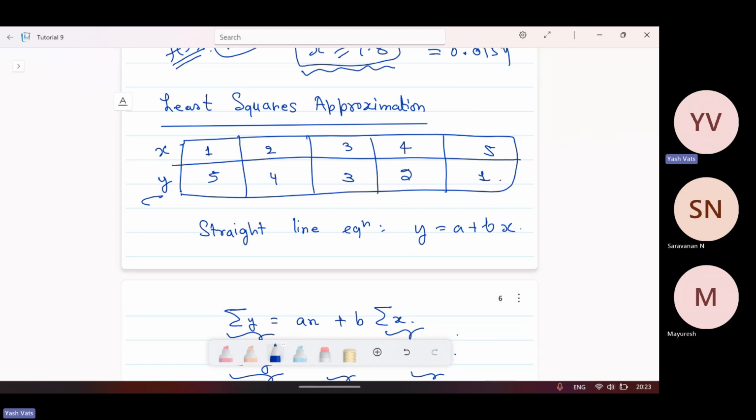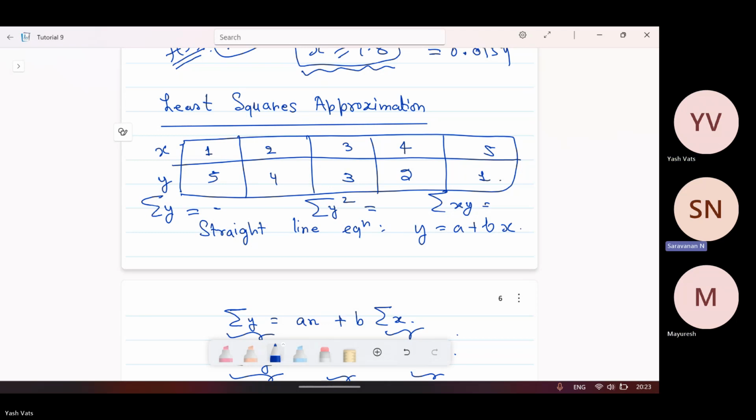What is summation y? What is summation xy? Can you look at the table and tell me these things? Summation y means sum all the y values, that is 15.